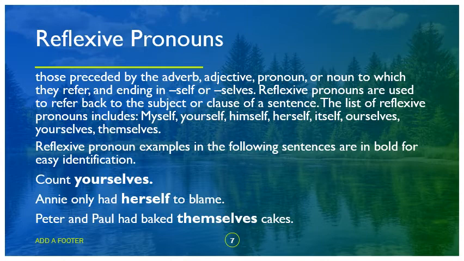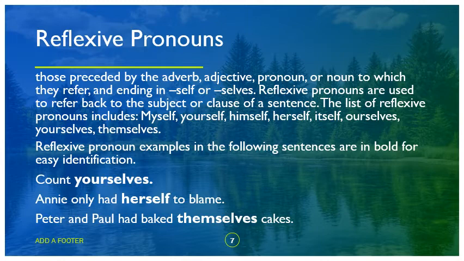Reflexive pronouns. Those preceded by the adverb, adjective, pronoun or noun to which they refer, and ending in self or selves. Reflexive pronouns are used to refer back to the subject or clause of a sentence. The list of reflexive pronouns includes myself, yourself, himself, herself, itself, ourselves, yourselves, themselves.